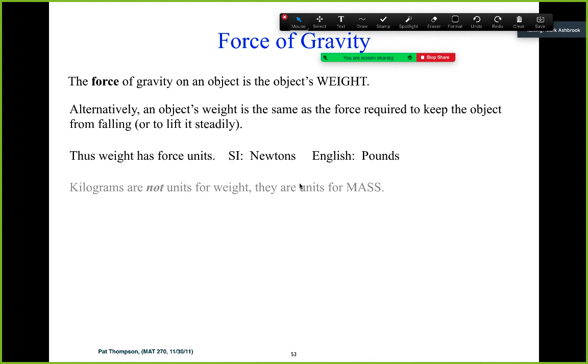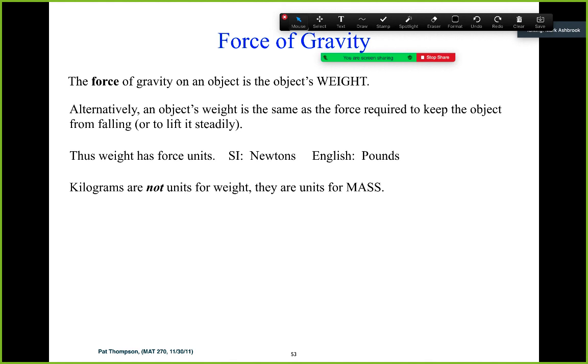Okay? What about kilograms? Is kilograms the weight of an object? No. This is the confusing thing because in our daily life, we see things on food packages in the grocery store that say grams, and we converse about kilograms as if it was weight. But when we're talking about science, technically, kilograms is not weight, it's mass.